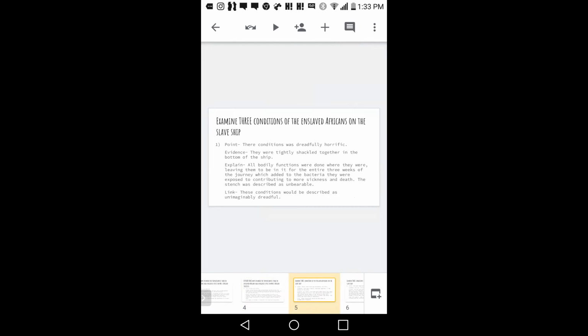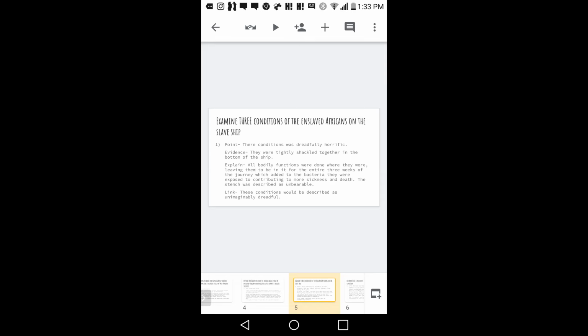Examine three conditions of the enslaved Africans on the slave ship. First point, their conditions were horrific. Evidence, they were tightly shackled together in the bottom of the ship.